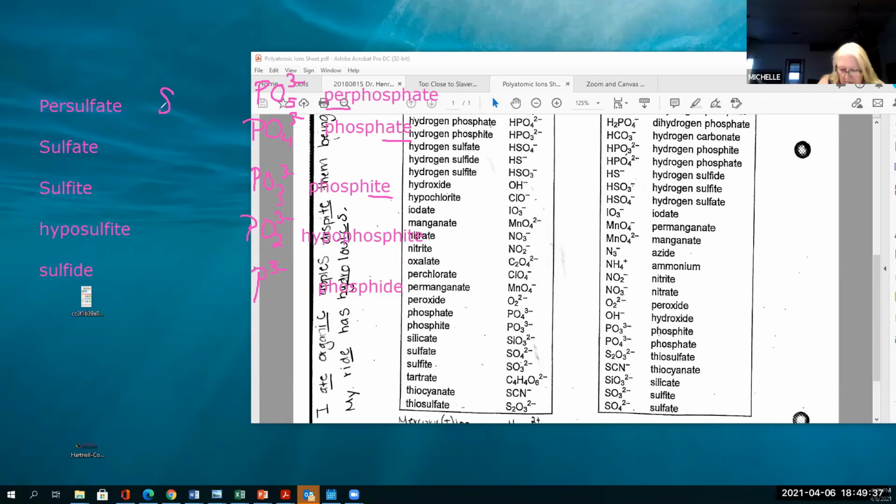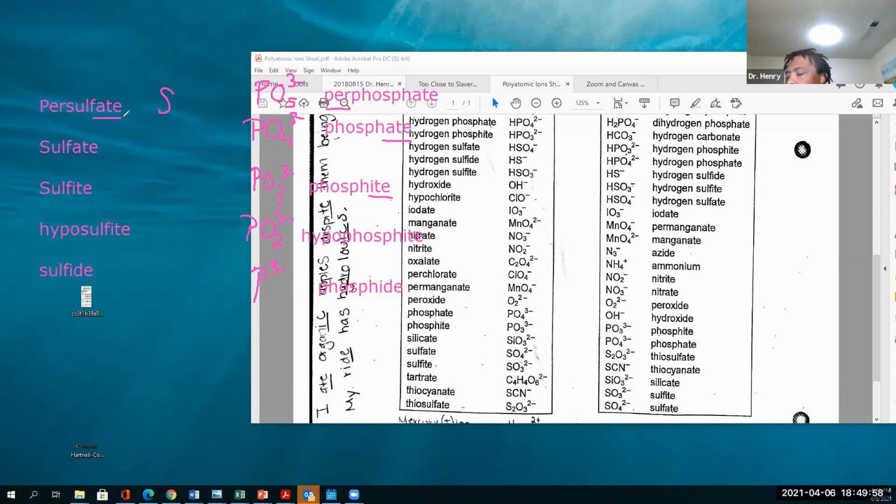No, it would be S with 5 oxygens. Now remember, it has ATE at the end.